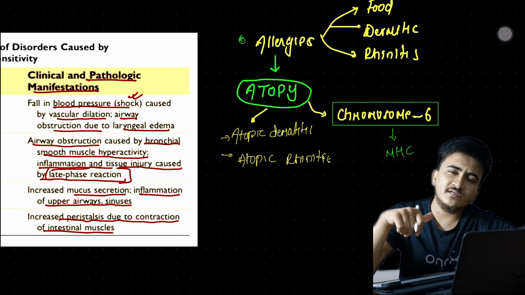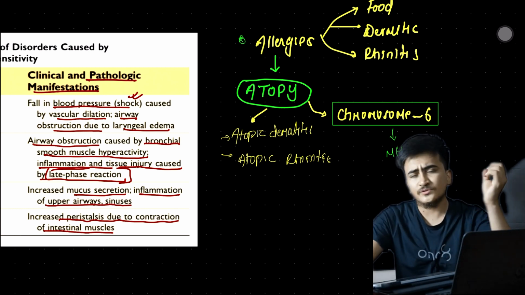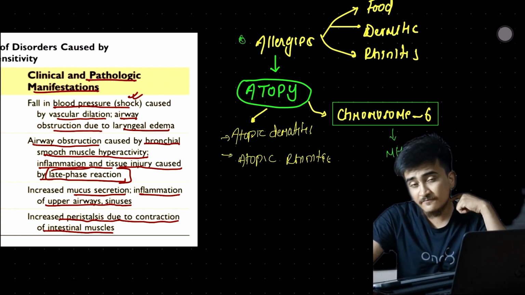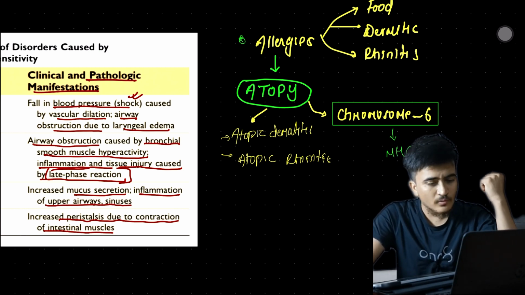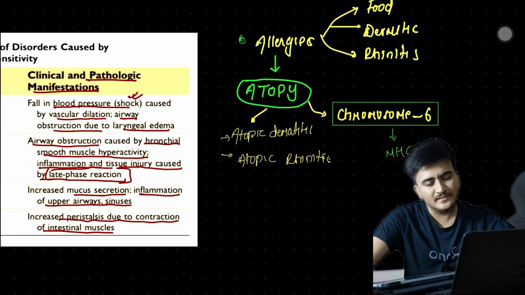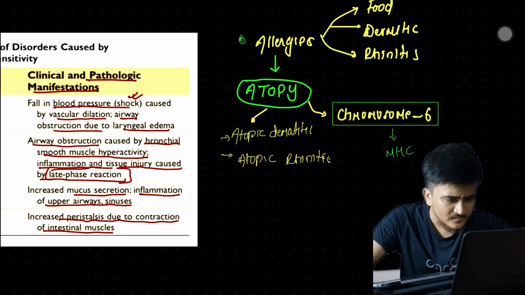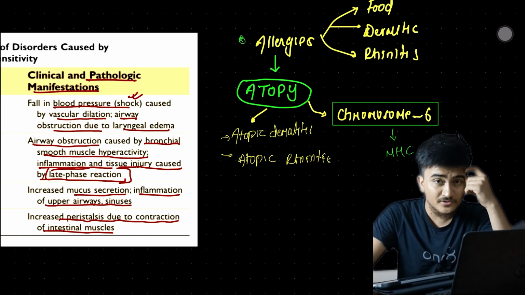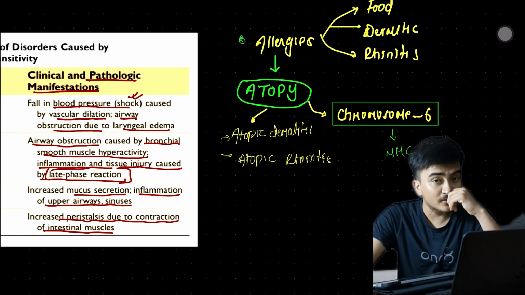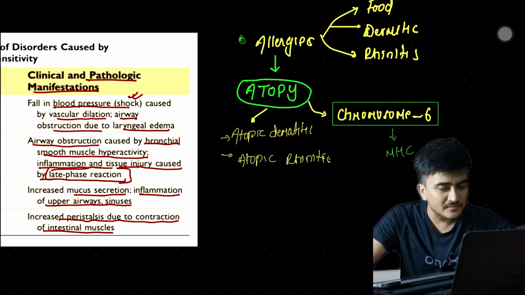So before administering penicillin to a patient, we should take a proper history of whether the patient is hypersensitive toward penicillin or not. If the person has an allergy to penicillin and we administer it, there can be a condition of anaphylactic shock, so the patient may die. So it is very important to do that.